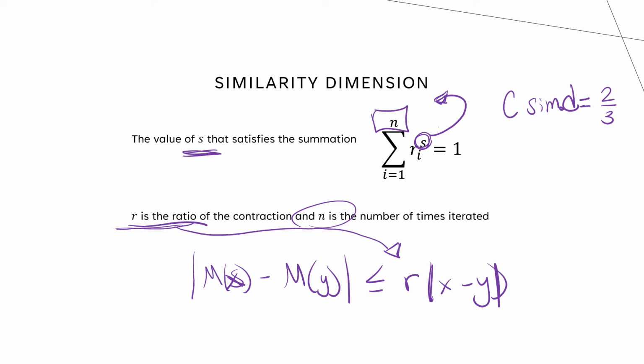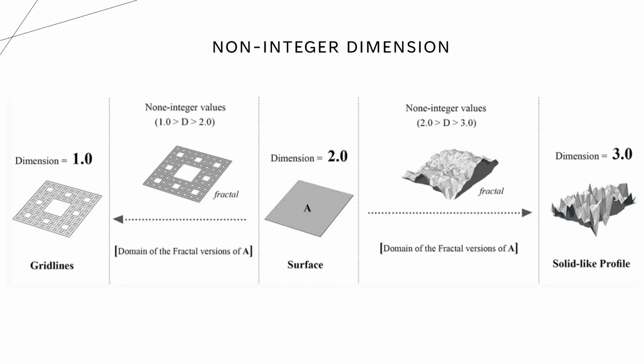Now, if you think about it, 2/3, it shouldn't be that surprising because you take out the middle third of each of them. So it seems like it should be, but how do you know that? And how can we have a dimension that's not a whole number? How can we have a dimension that's not an integer? That actually isn't all that uncommon. I was surprised to find out. Non-integer dimensions are all over the place.